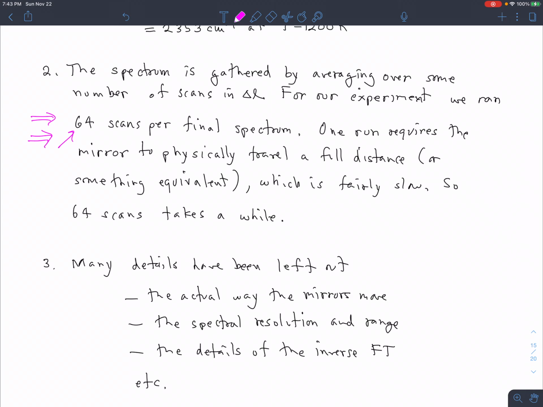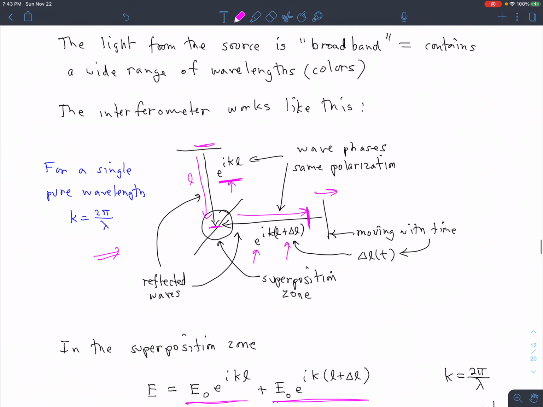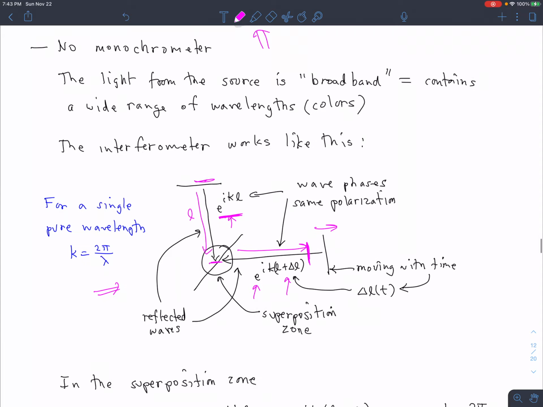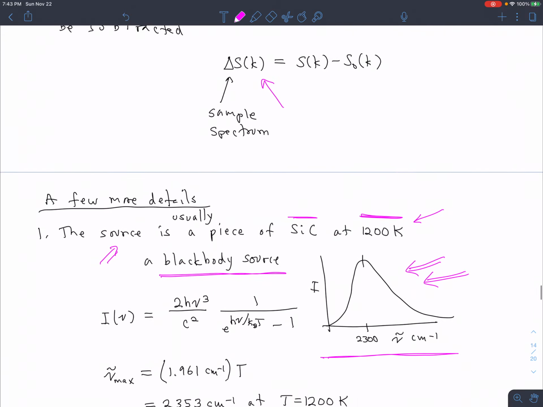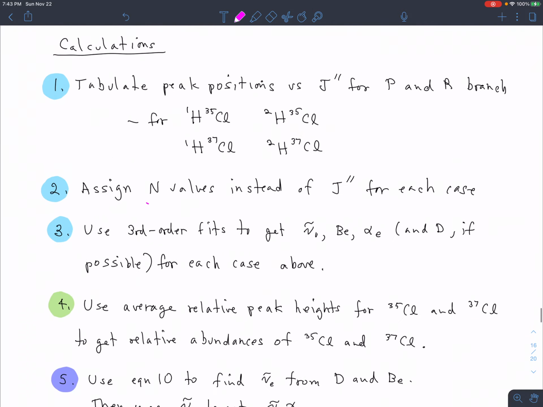In other words, this mirror up here, this moving mirror, this one, went back and forth 64 times, and the signal was integrated and averaged in the computer from the detector. In other words, we're building up slowly to get the Fourier transform that we need, and then we Fourier transform that to get the spectrum.